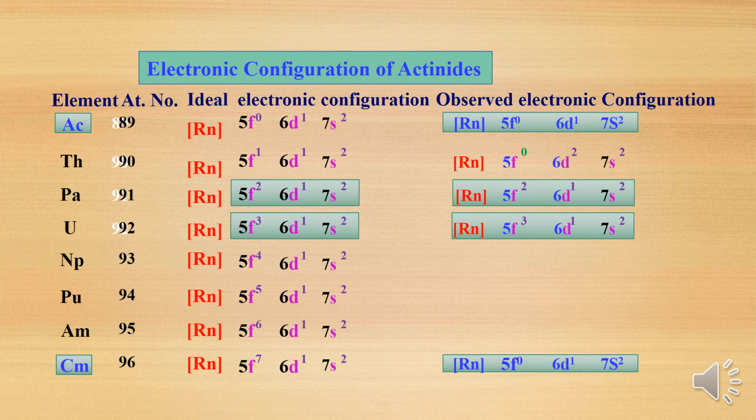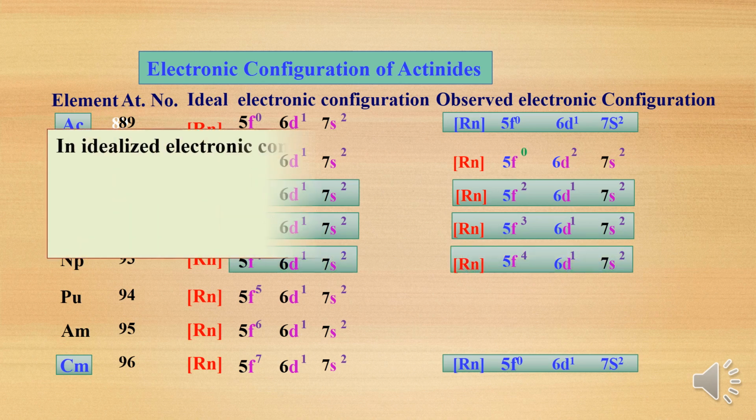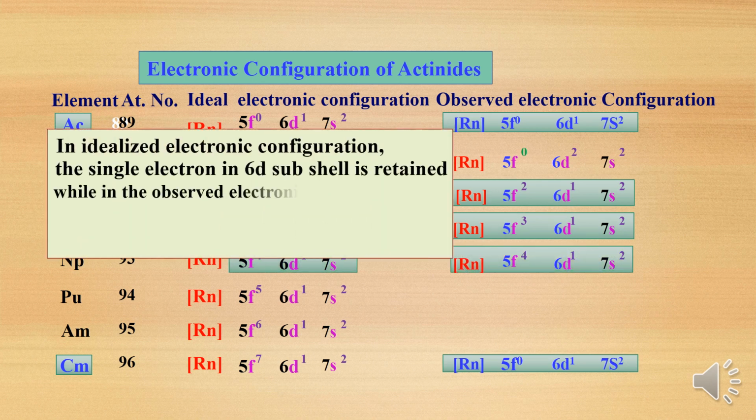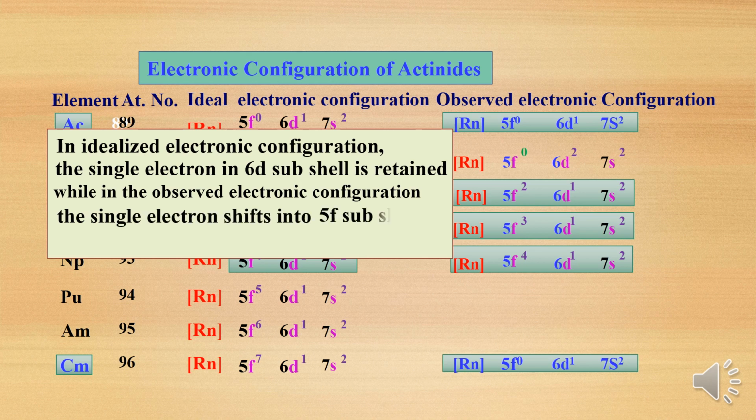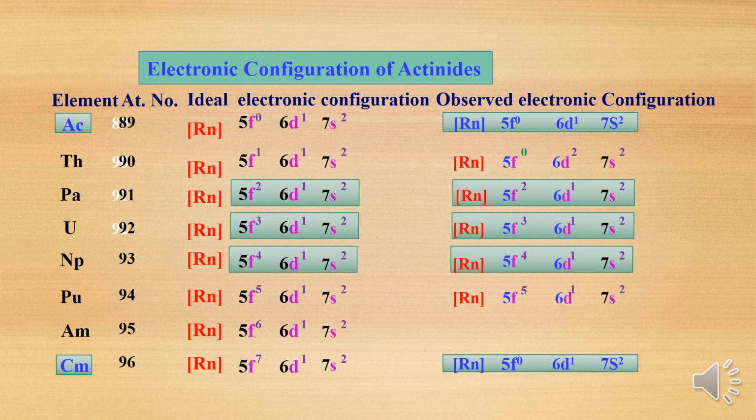You can see here that, other than in the idealized electronic configuration, where the single electron in the 6d subshell is retained, in the observed electronic configuration the single electron shifts to the 5f subshell, except in the case of actinium, curium and lawrencium, atomic number 103. See, one electron shifts to 5f.